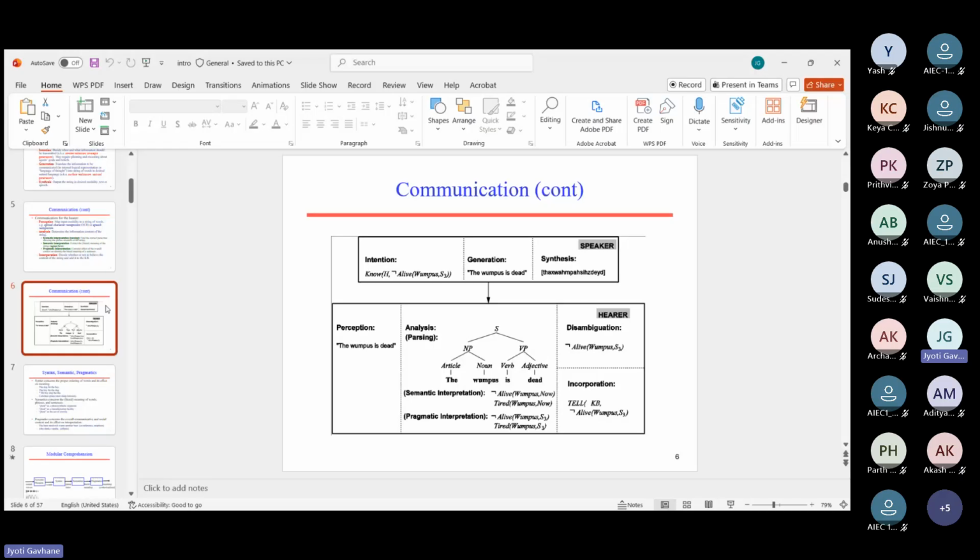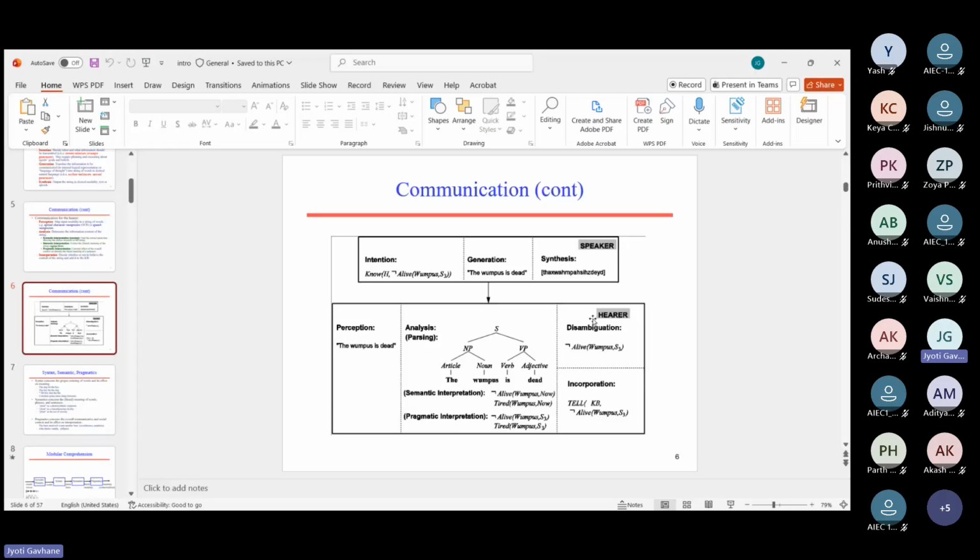So these are the three different phases when we are talking about the speaker. And what is the role of the hearer? He has to perceive. Perception is one of the important things, because whatever is said by a speaker has to be understood by a hearer without any ambiguity. So that's why this particular part is very important: disambiguation.